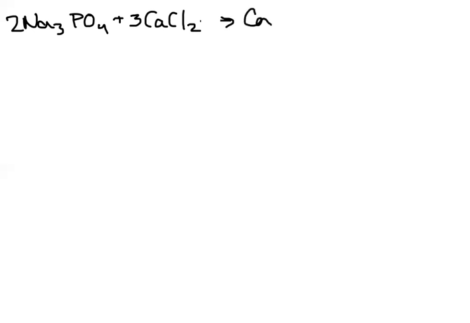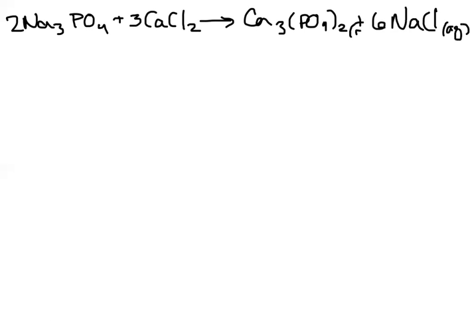For example, I like this example because it has solutions, but it also has a precipitate. But we're not going to talk about the precipitate right now, because I'm going to ask you to figure out how many liters of one thing you need to react with liters of another.